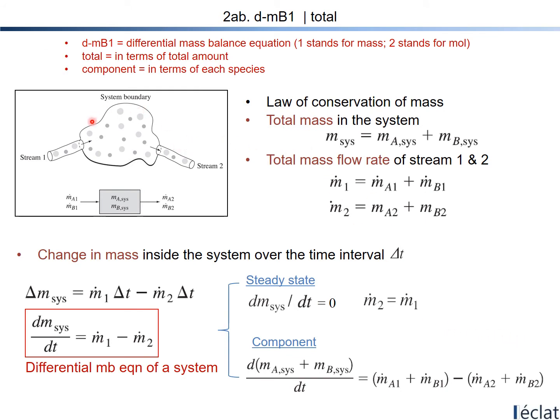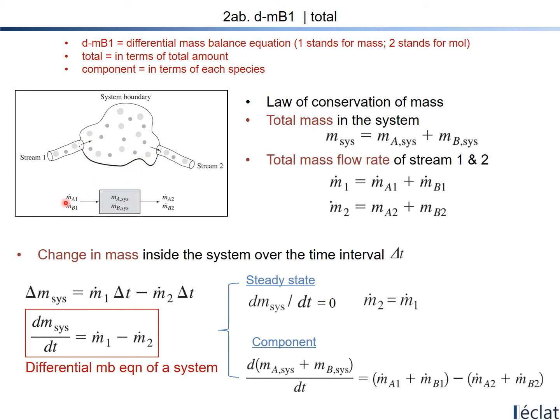Here, this system has two streams. Through stream 1, some materials are introduced into the system, and after some reactions, some materials go out of the system through stream 2. This block flow diagram represents the system and streams.